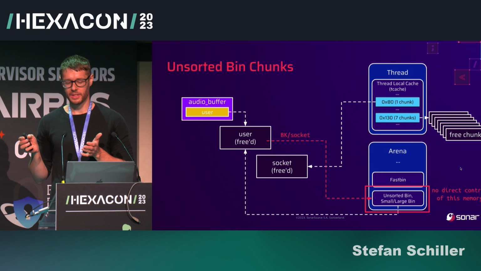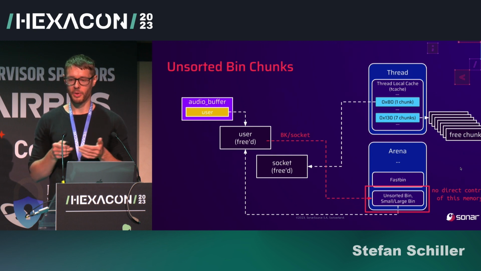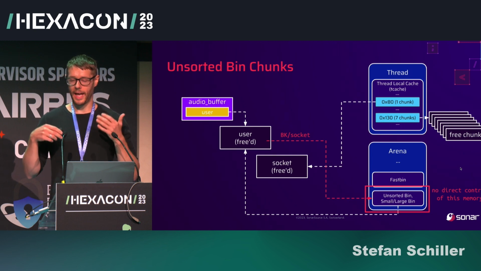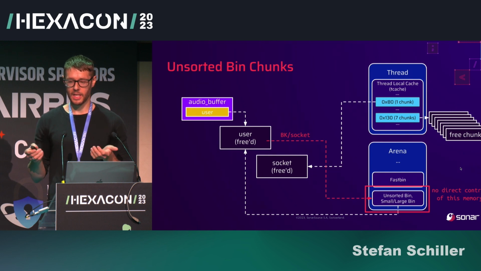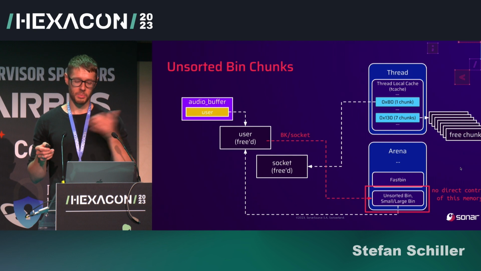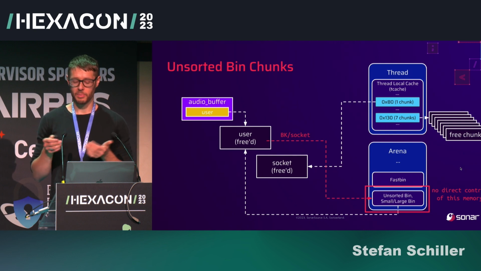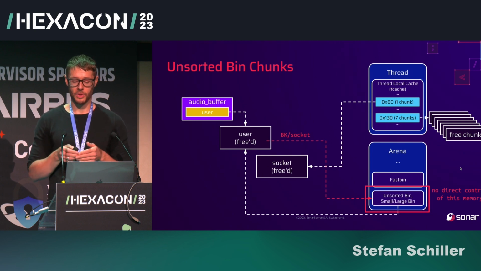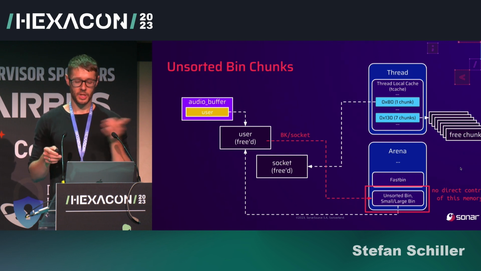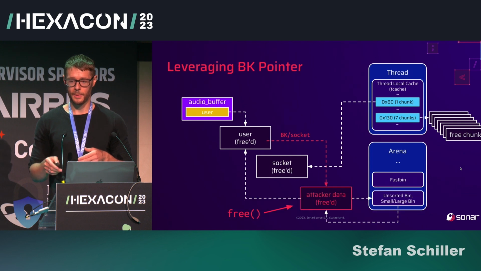The problem is that we cannot directly control the memory it's referencing. We would like to place a valid socket here where we control the lock handler. But this memory in the arena only holds pointers to heap chunks. So if one of these were interpreted as a function pointer, this would cause an immediate segmentation fault since heap chunks are marked as non-executable.